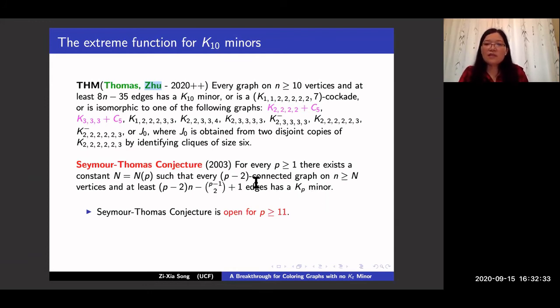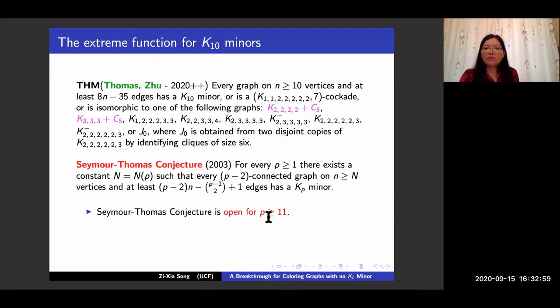The connectivity here simply follows from the cockade. You can create such a cockade for any p. This cockade, this 7, tells you it is (p-3)-connected. So that's why they have p-2 here. If this is true, p-2 would be best possible. Now this conjecture is open for p at least 11.